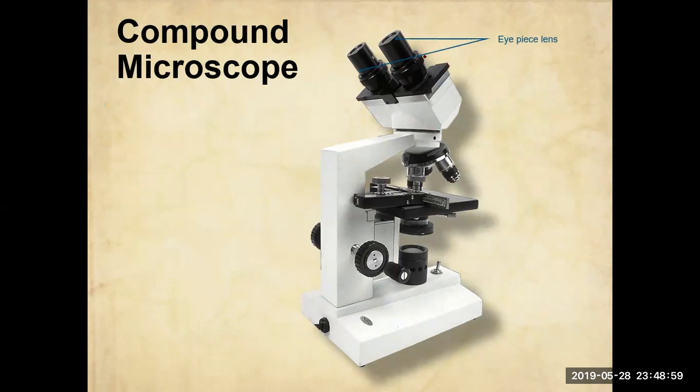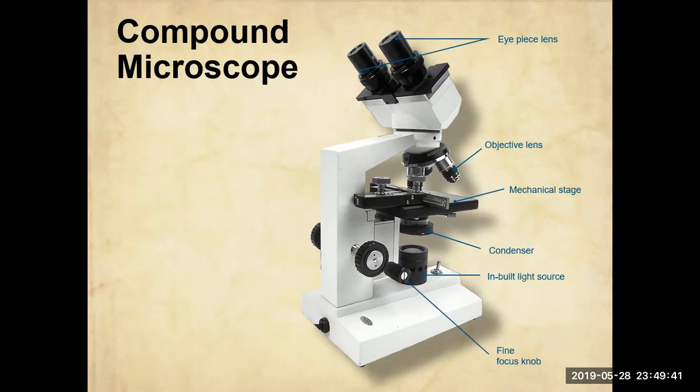So here is the eyepiece lens. Then there is an objective lens. A mechanical stage, so you can move this mechanical stage left and right by using these, and also these. This is a condenser, with an inbuilt light source. You can increase or decrease the level of the light by changing it over here.